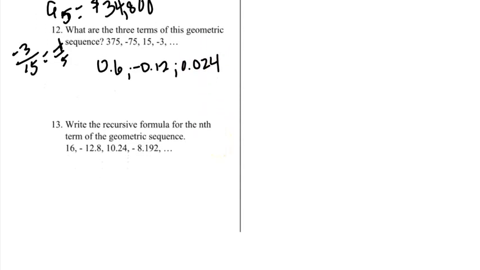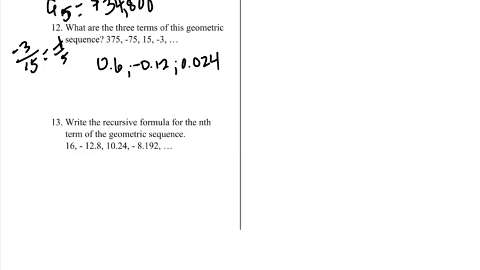Question 13, write the recursive formula for the nth term of a geometric sequence. Now the recursive formula would be a subscript n equals the common ratio times a subscript n minus 1. So we need to find the common ratio first, and so that would be 10.24 divided by -12.8.